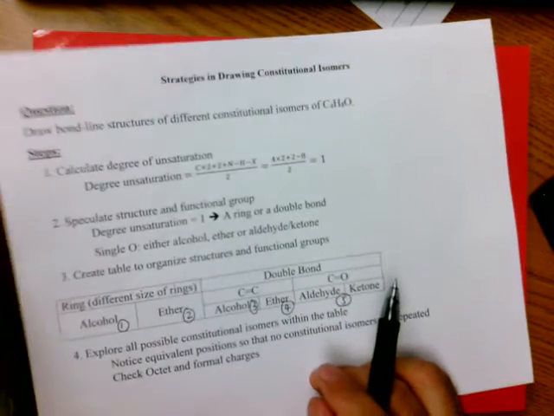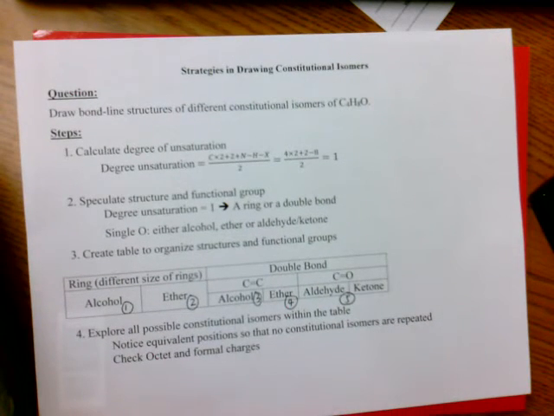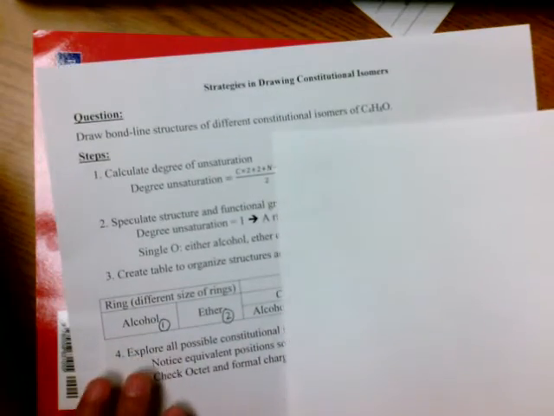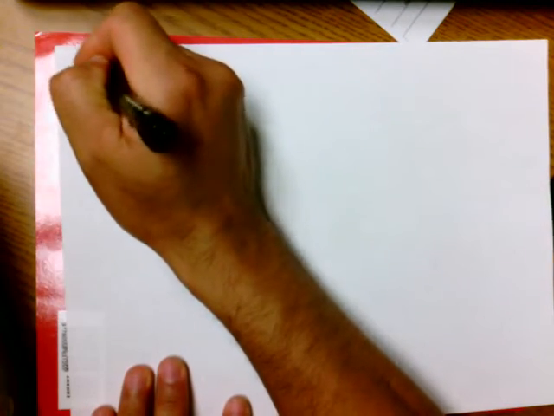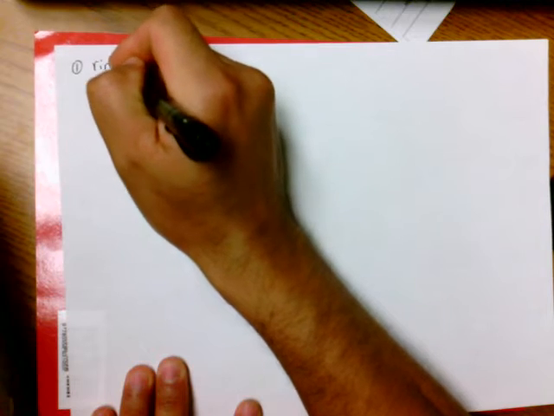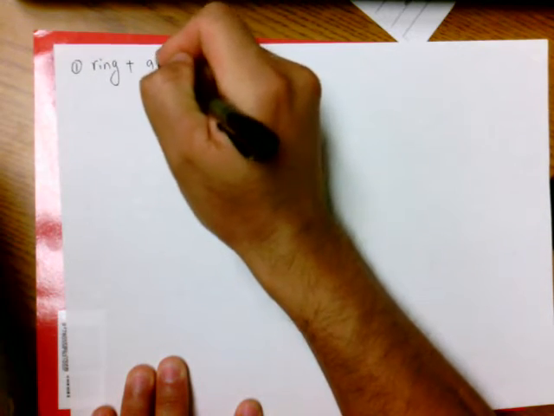All right. So now we are going to use those categories one by one. As I said, the first category we are going to work on is ring and alcohol. Let me put it down here. So it is a ring and alcohol.